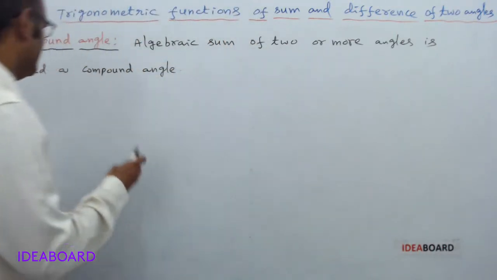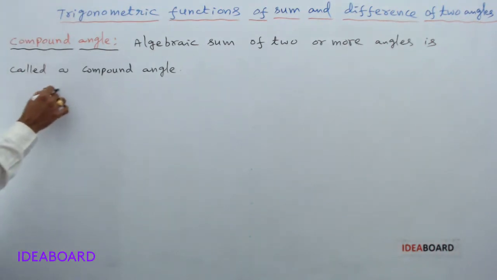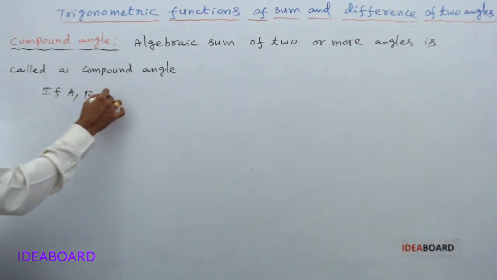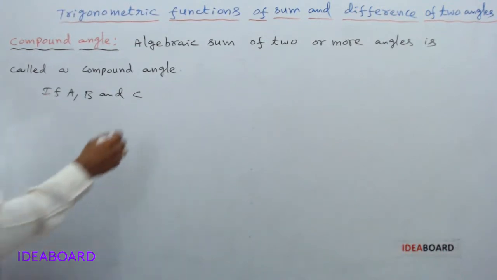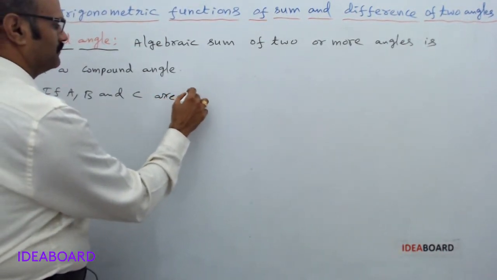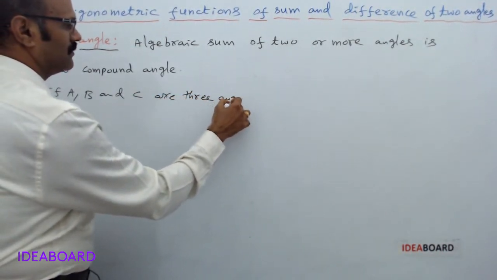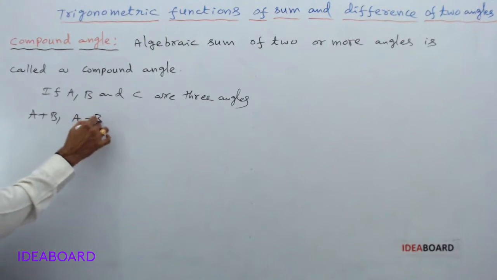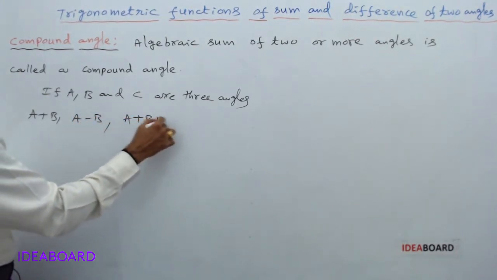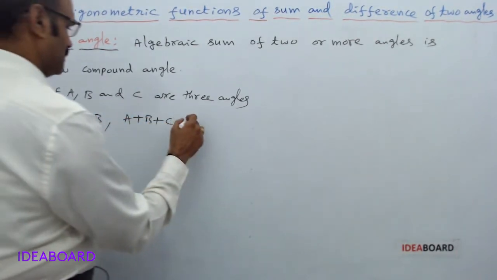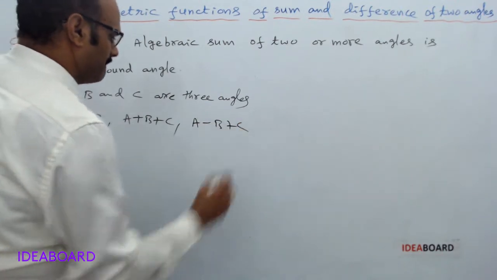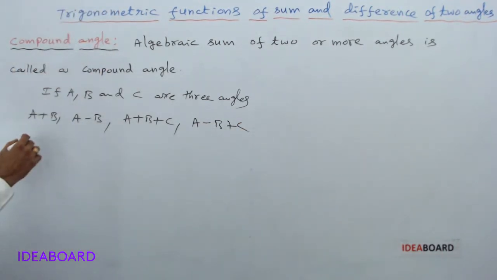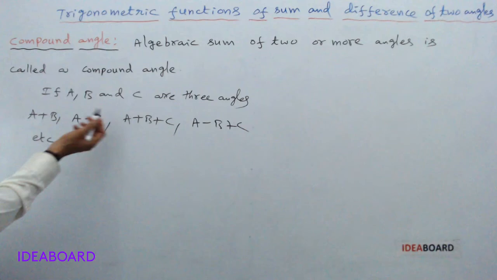Suppose A, B and C are three angles, then A plus B, A minus B, A plus B plus C, A minus B plus C and so on are called compound angles.